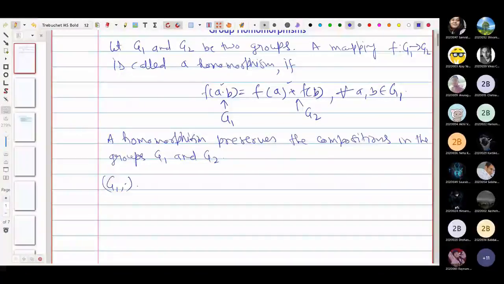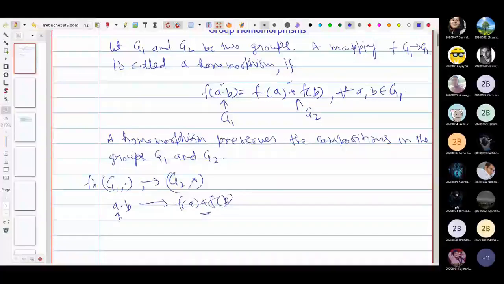Once we define a map from G1 to G2, elements of G1 would be operated like this, and here the elements would be operated like this. So here we will be using the operation of G2, and here the operation of G1.